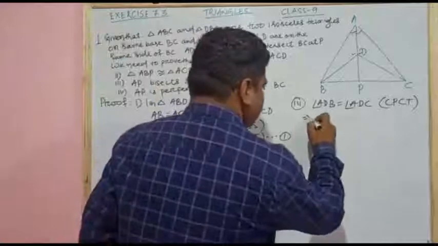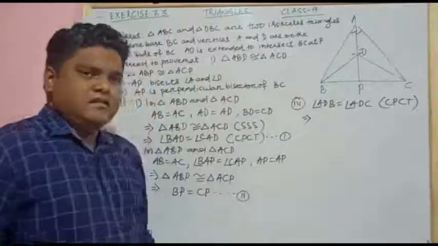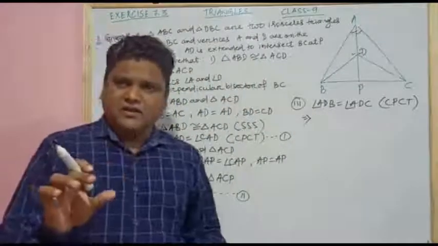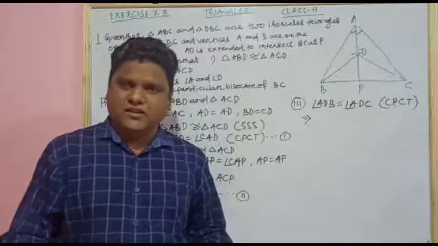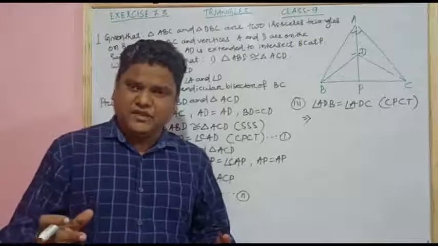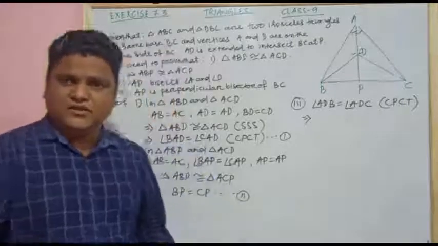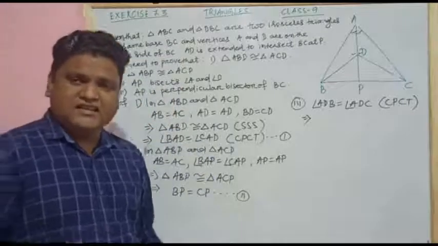This implies that we know that if x equal to y, then 100 minus x equal to 100 minus y, or if a equal to b, then x minus a equal to x minus b. We have already learned this in algebra.